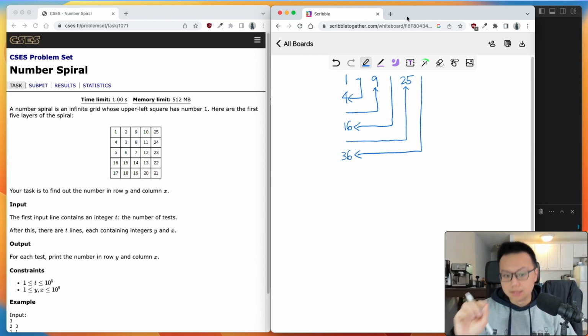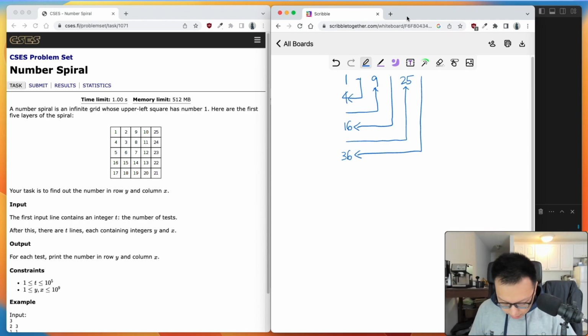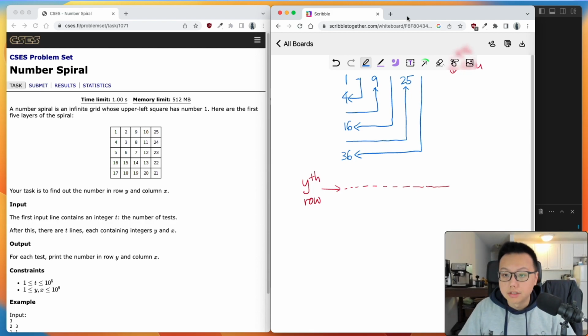and see what value is in the specified location. Okay, so let's say we have a location on the Yth row and X column.